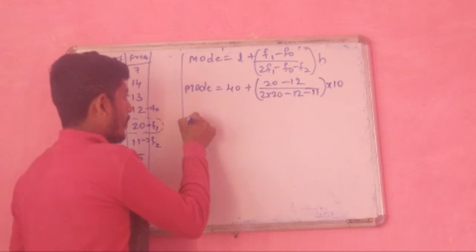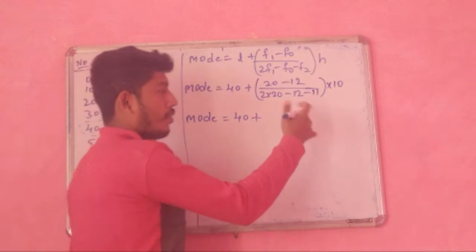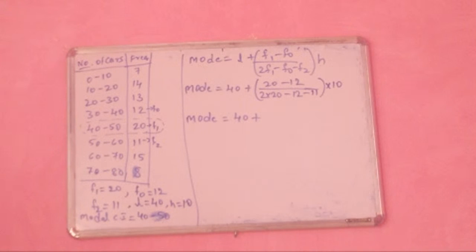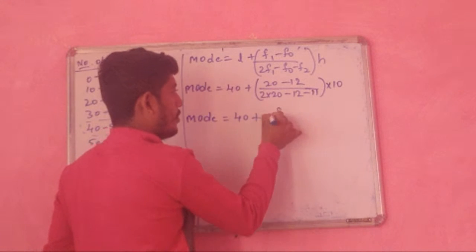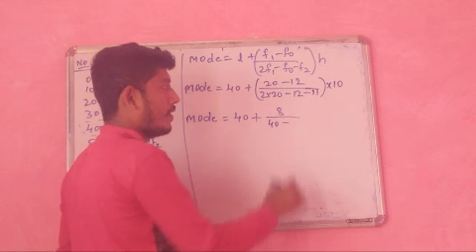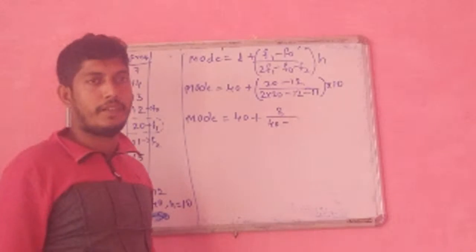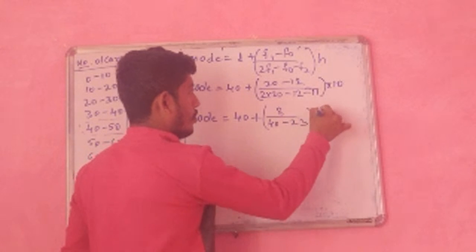So now we will simplify this. Mode equals 40 plus. Now do this calculation fast. 20 minus 12 gives 8, divided by 2 into 20 gives 40, minus 12 plus 11, which is 23, into 10.